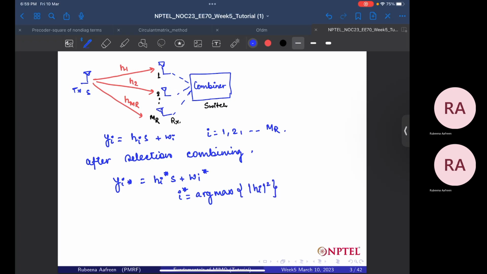This means that i star is the value for which the power of the channel, that means the channel gain, is highest. So what we are doing is that at every instant the highest power branch is taken, right?